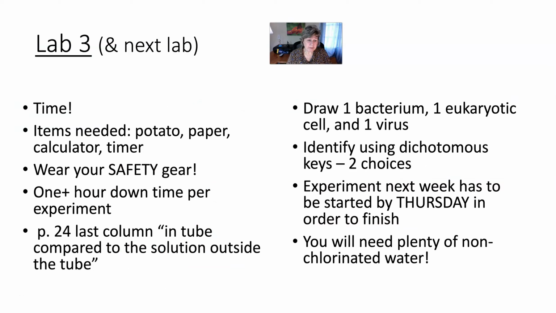All right, so the lab this week is going to take you time to do the potato part of the lab and the dialysis tubing. So there are two parts to this. You're going to chop up a potato and you're going to put it into some iodine, and then you're going to take it out and slice it open and see how far the iodine actually diffused into the potato segments that you have cut.